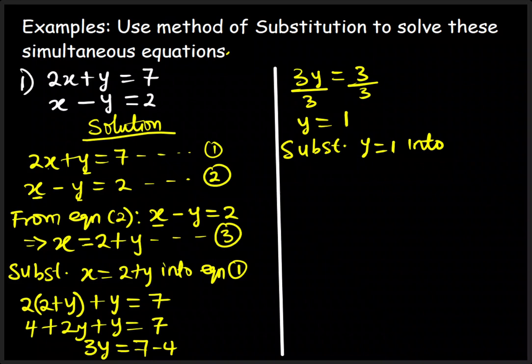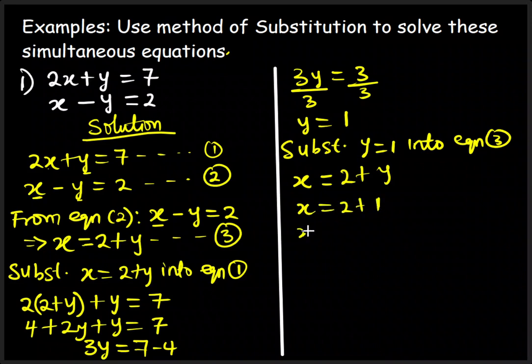So we substitute it into equation 3. Equation 3 is x equal to 2 plus y. That means we are looking at x equal to 2 plus 1, and that means our x is equal to 3.